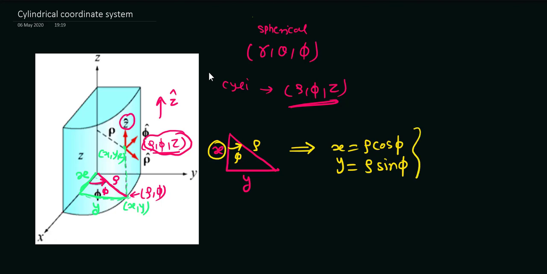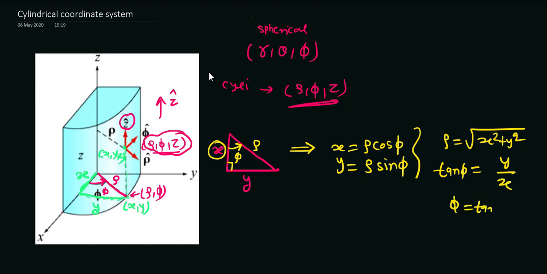You can take the reverse relation also. This is the 90-degree angle, and if you use the Pythagoras theorem, then rho would be under root x square plus y square. And if you want to get phi in terms of x and y, you can say tan of phi would be y divided by x, so phi would be tan inverse of y divided by x. In this way you can find the relations vice versa.